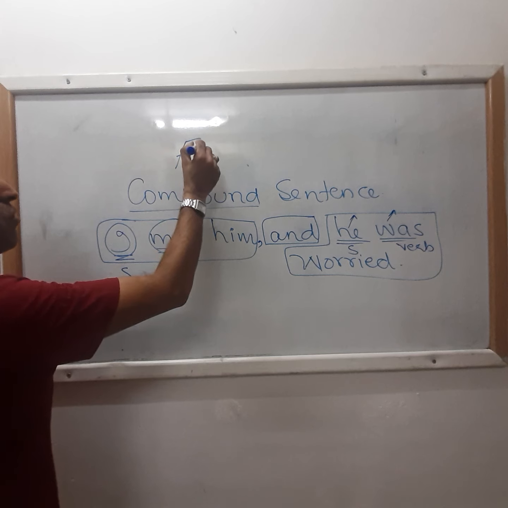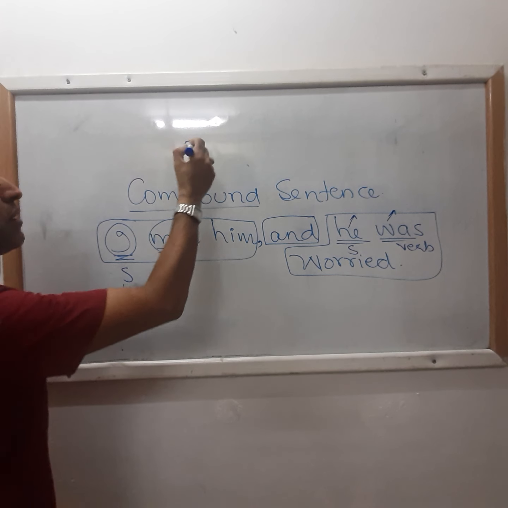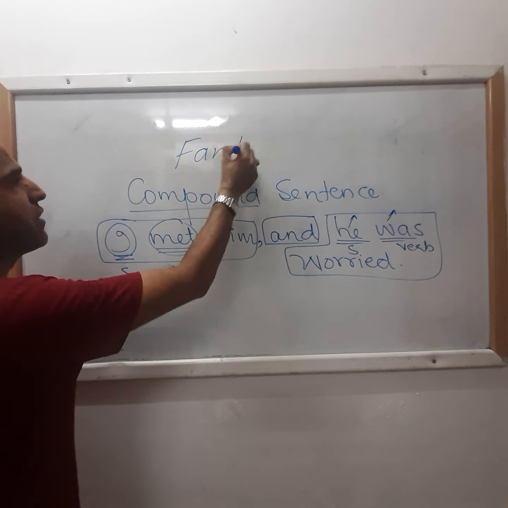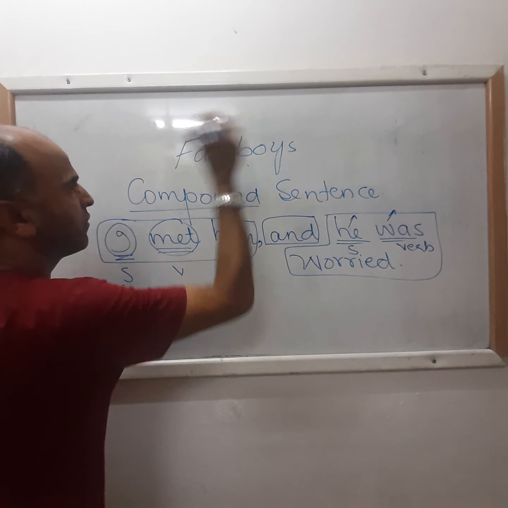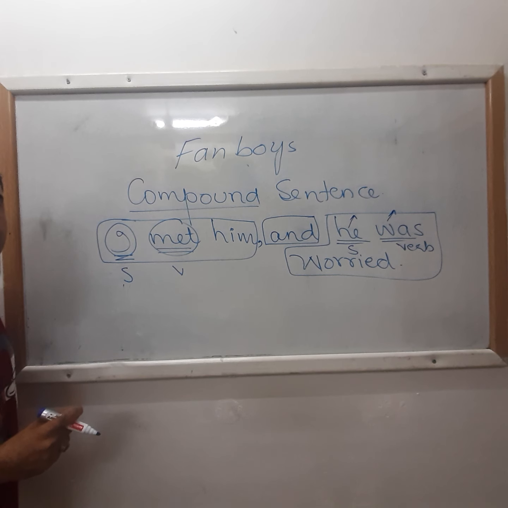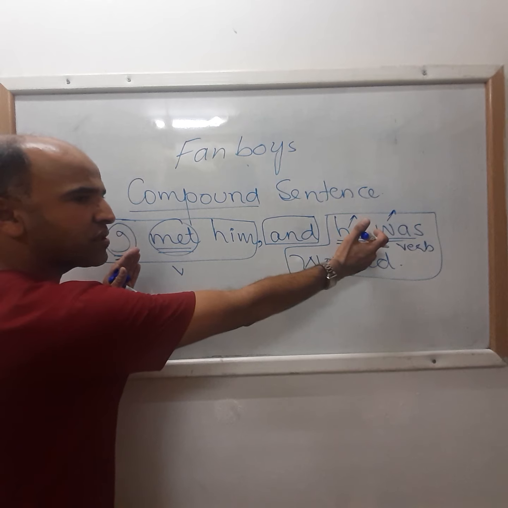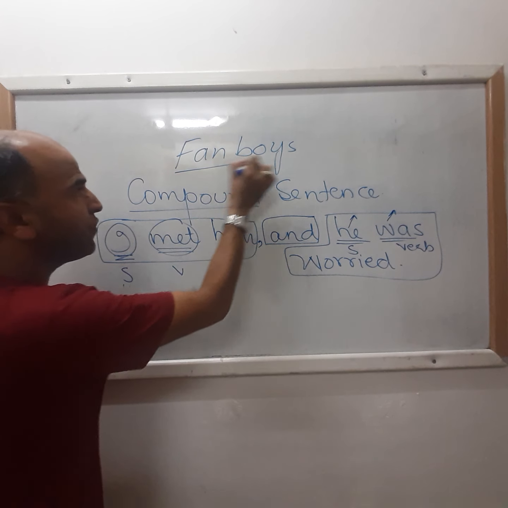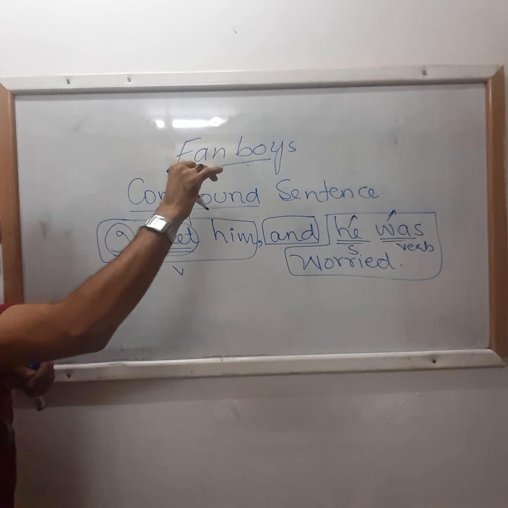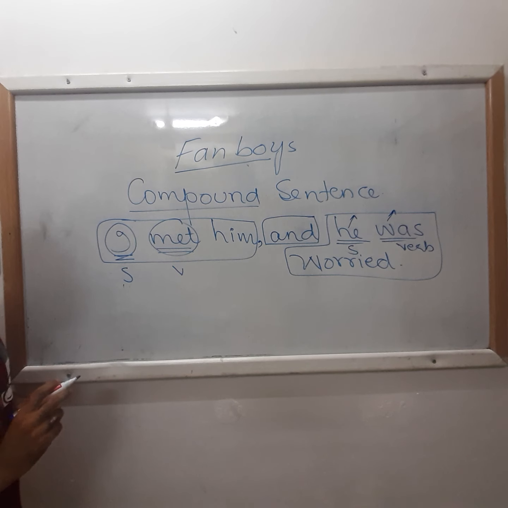So what are coordinating conjunctions? They are seven in number: FANBOYS. It's very simple to identify: when two independent clauses are joined by any of these seven coordinating conjunctions, that would be your compound sentence.